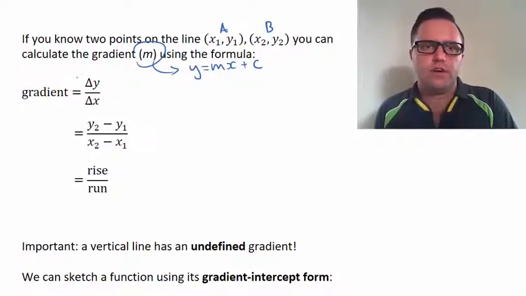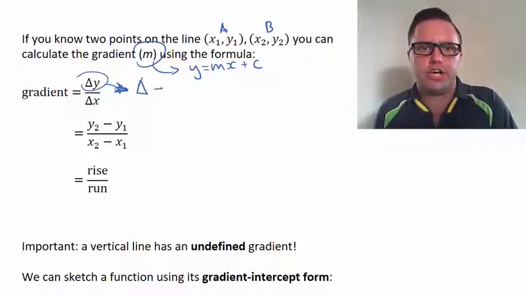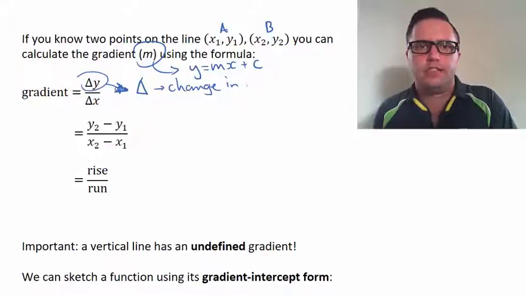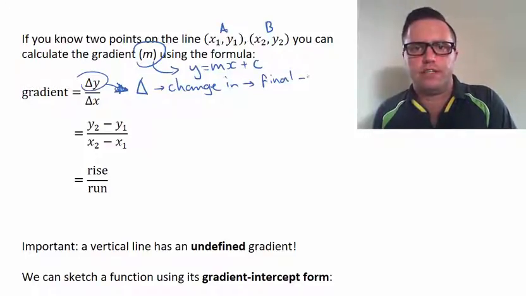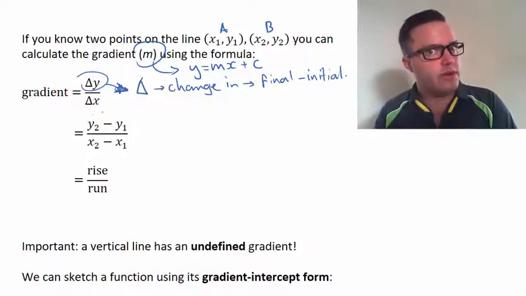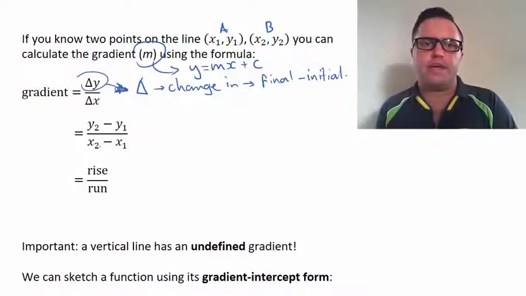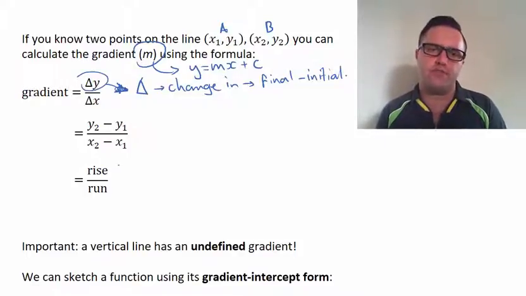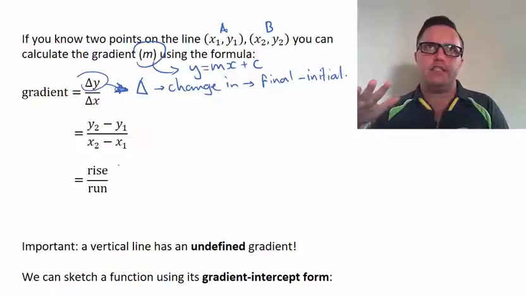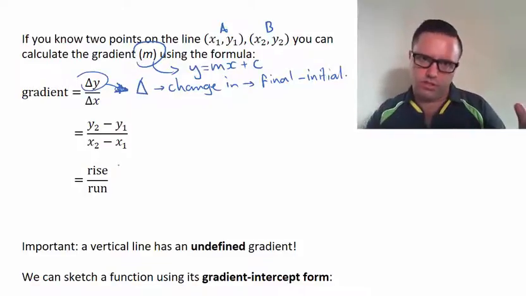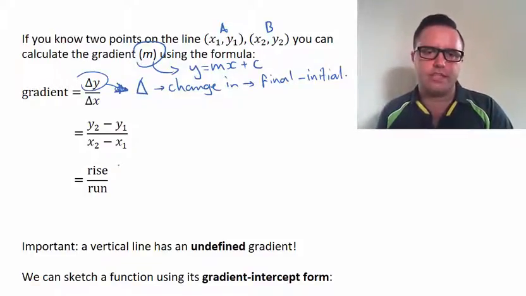The delta means a change, and to find it we take the final value minus the initial. So y2 minus y1, our first one. Another way to see it is the rise over the run: how much does the graph rise, positively or negatively, as it runs along. And importantly, as I said before, a vertical line has an undefined gradient.